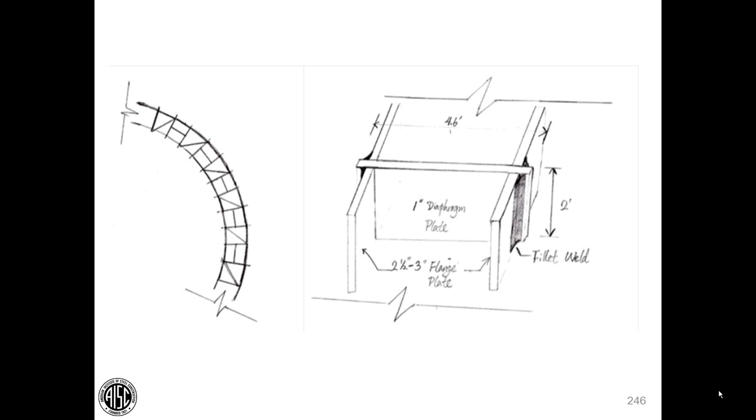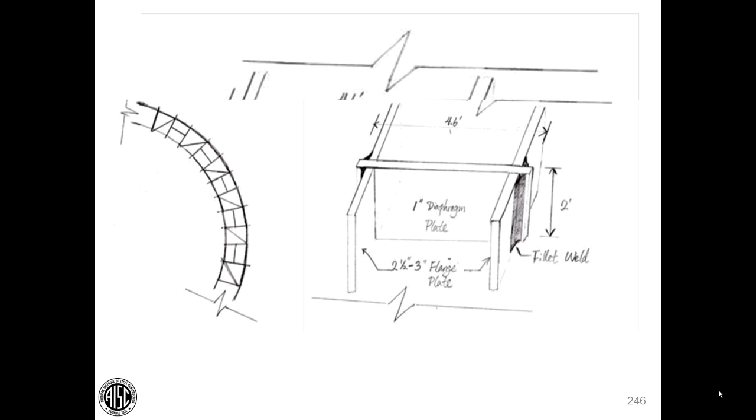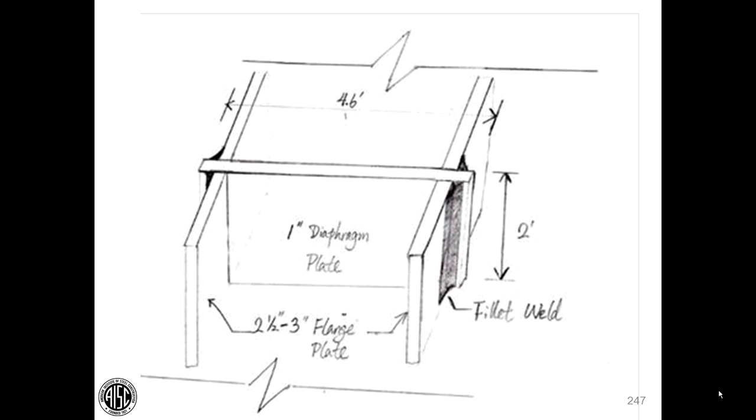But I want you to look at the sketch, and I hope you can see the differences. This is not a faithful reproduction of what happened in El Paso. Notice it shows fillet welds, not groove welds. Notice it shows fillet welds on the outside and not welding through the thick material.